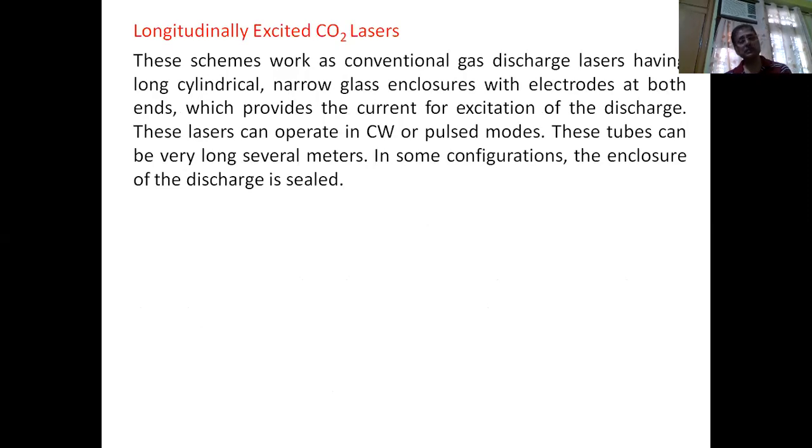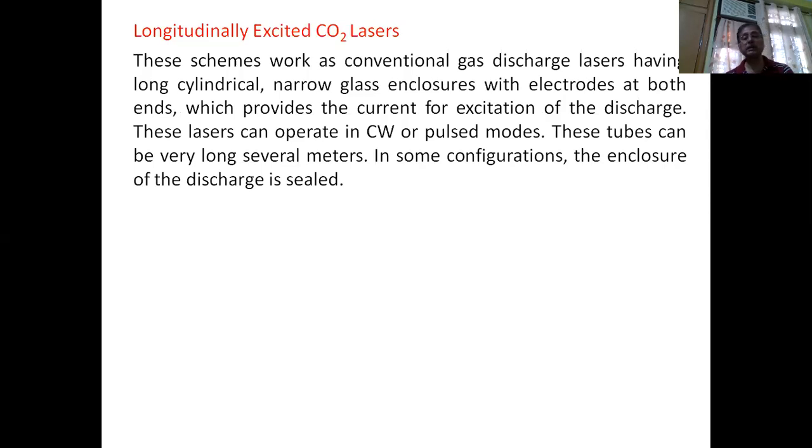Now, structurally, there can be two types of CO2 lasers. One is the longitudinally excited CO2 laser, and the other is the transverse excited CO2 laser. In the longitudinally excited CO2 lasers, the scheme works as in conventional gas discharge lasers, having long cylindrical narrow glass enclosures with electrodes at both ends, which provide the current for excitation of the discharge.